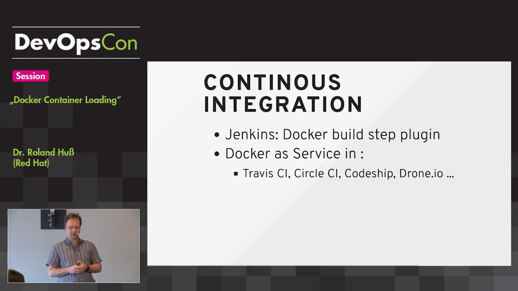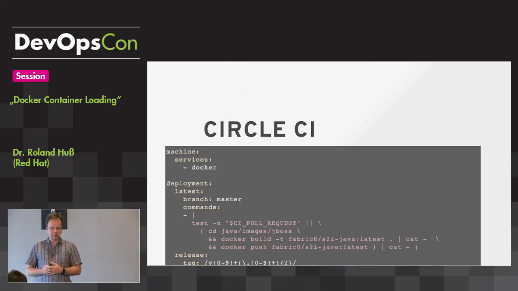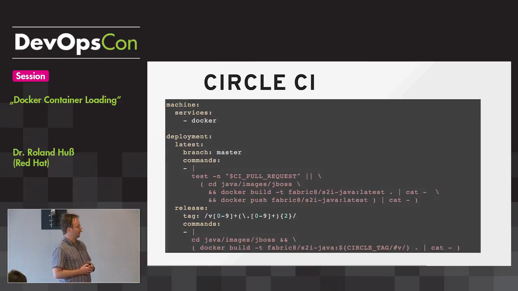But there are also other continuous integration services out there. Most of them are services like Travis or Circle CI, and all of them have nowadays Docker integrations. So you can easily create from your continuous integration service which you're using also Docker images automatically. I have here one example for Circle CI.